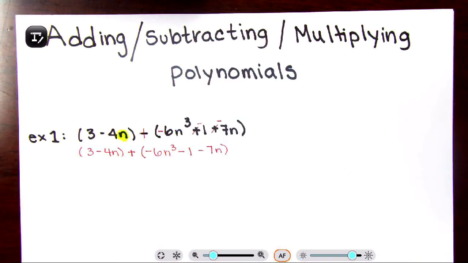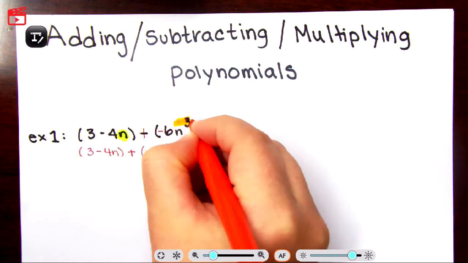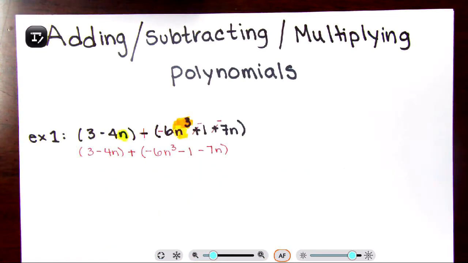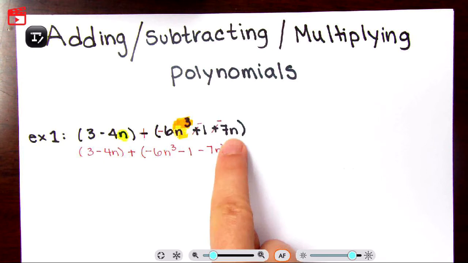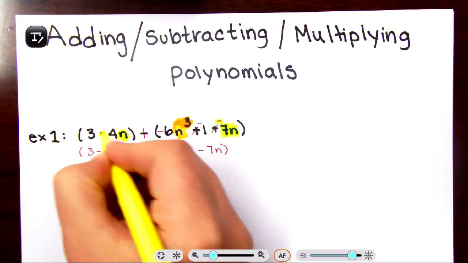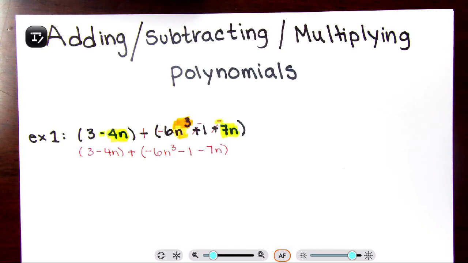However, this one is n cubed, so they are unlike terms. So if you have an n next to a number, then you need to find the term with that same exact letter. It has to be the same power as well. For example, this one is n, so this one is the same. We got 7n and we got minus 4n. We're going to combine those.